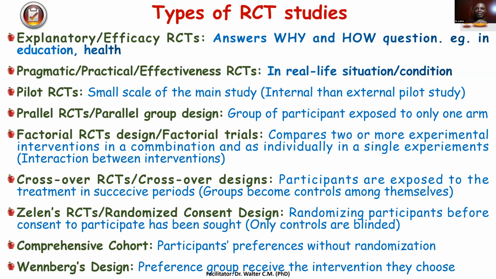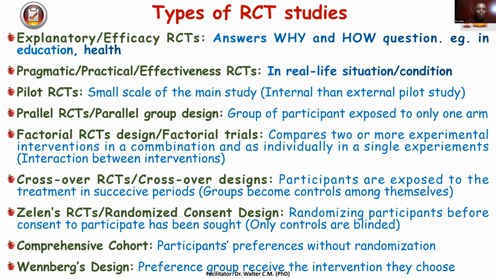Only the control is blinded. Those who are randomized before informed consent are given information that they are in the trial, but only the control group is blinded as to whether they are in the trial or not. See? This is called Zelen's. They are not commonly used in randomized controlled trial. But for the sake of understanding, we need to share this basic knowledge.